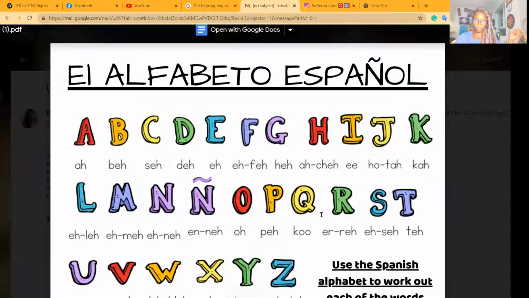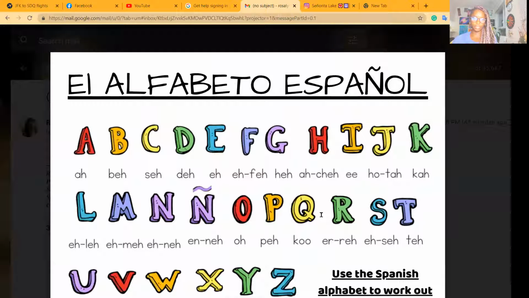El alfabeto en español is a little different than the alphabet in English because it has a few more letters, but nevertheless, it's very simple. And I found this beautiful source on Teachers Pay Teachers, supporting fellow teachers out there. I love this alphabet.